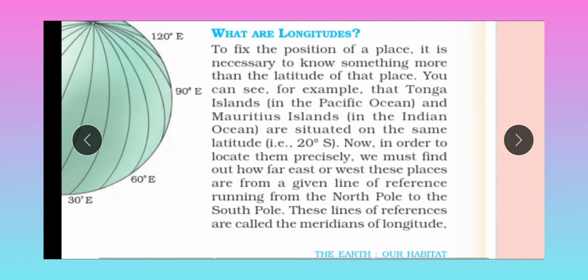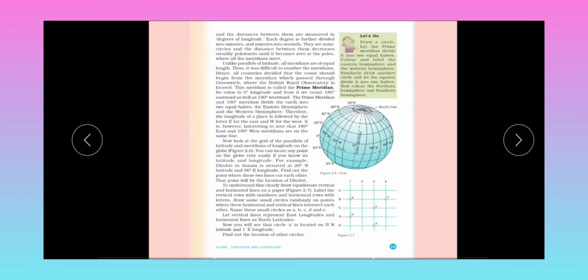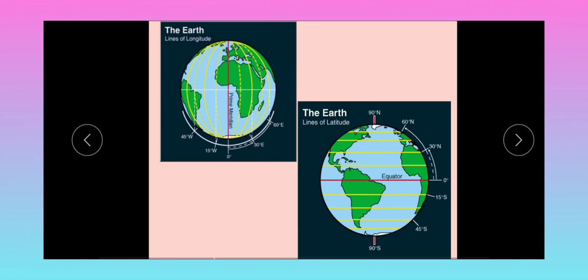Now, in order to locate them precisely, we must find out how far east or west this place is from a given line of reference running from the North Pole to the South Pole. These lines of reference are called the meridians of longitude. Here you can see the longitudes, the standing lines are called the longitudes. Okay, so here is the picture of longitude.